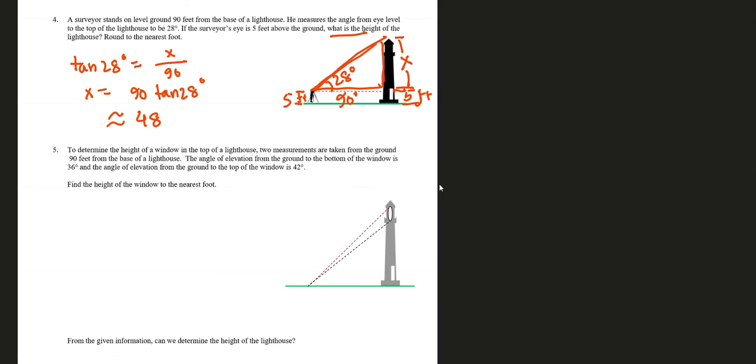So we're not done here yet. We have to add this 48 to the height of the eye of the surveyor. So the total height equals 48 plus 5 equals 53. And that's the answer.